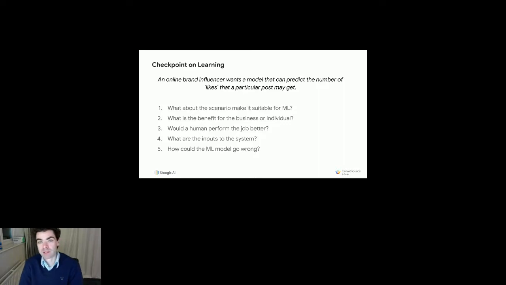How can the machine learning model go wrong? Well, as we discussed, there's an ethics question. It could push people towards more and more of the same content, which deprives them of intellectual diversity in a way that could be deleterious to their mental health.